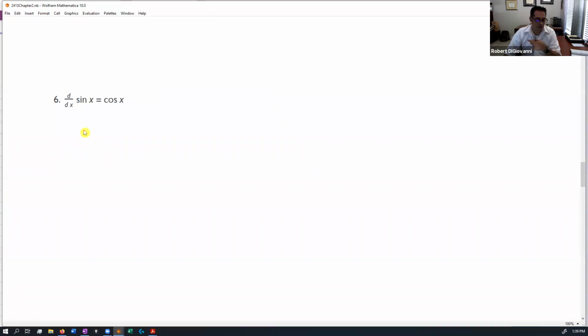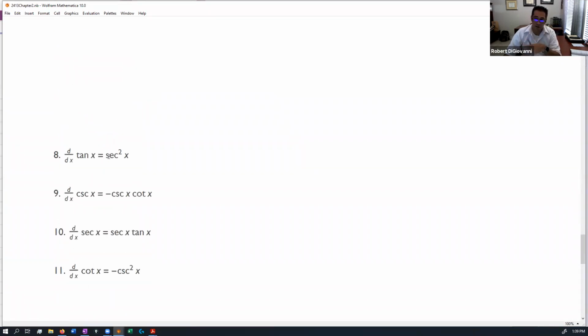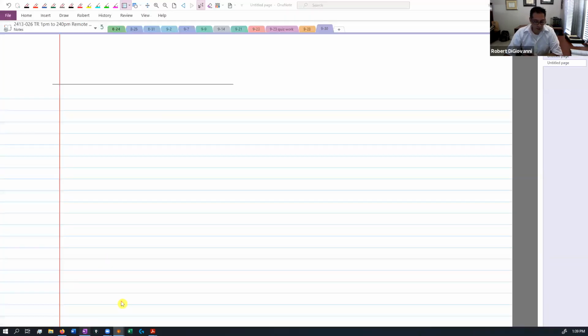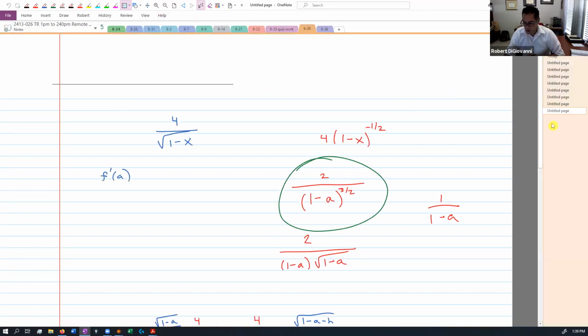And then the trig stuff: derivative of sine is cosine, cosine is negative sine, tangent is secant squared. And the other 3, just remember they're on your formula sheet, right? That's kind of where we are. And we're struggling with how to take the derivative of this, and this was the problem I ended class with last time with the quiz, right? It was this problem.